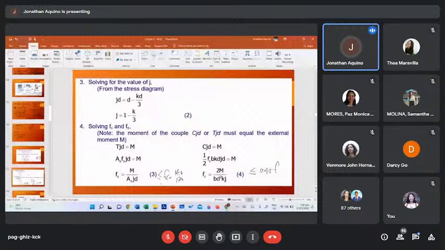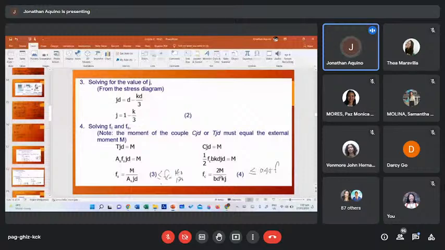Okay, or ito, yung MS natin o yung moment of section natin, MS, considering steel, is AS Fs times JD. So dito naman, yung MC natin is just simply 1/2 FC BD squared KJ or JK.